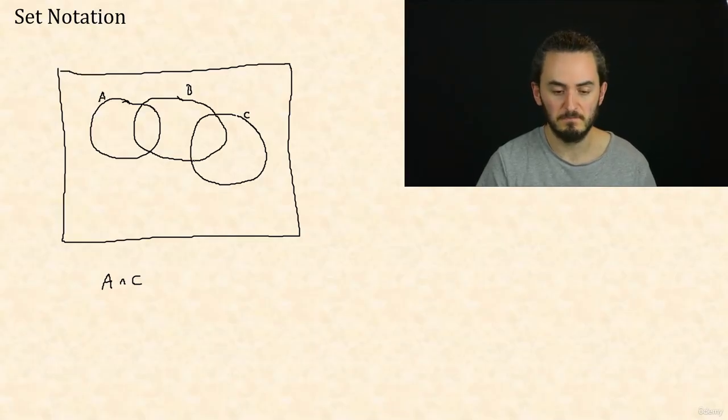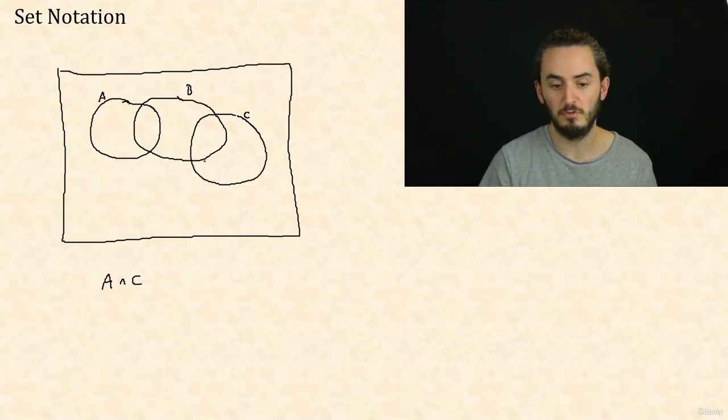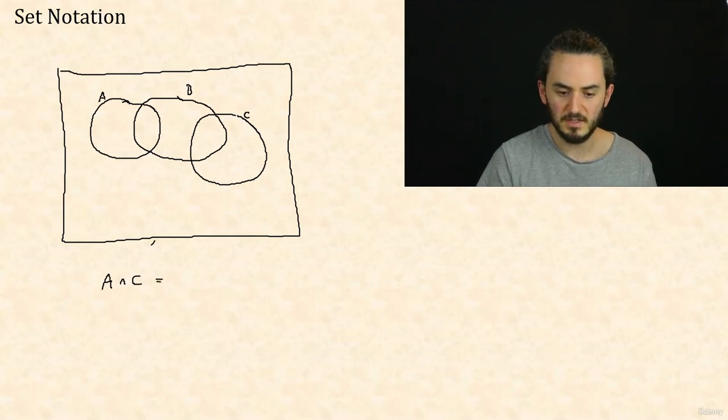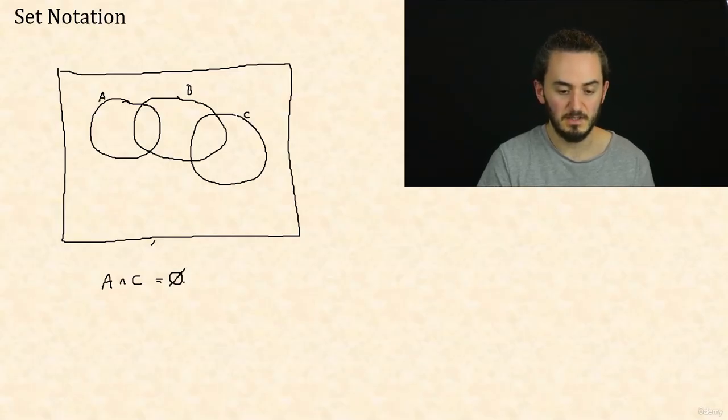They have no intersection. You might remember the technical term for that is mutually exclusive. They don't both happen. If two things just don't intersect at all, we describe that as being the empty set. And we have a symbol for that, which is a 0 with a line through it. So the empty set is like the set that contains nothing.